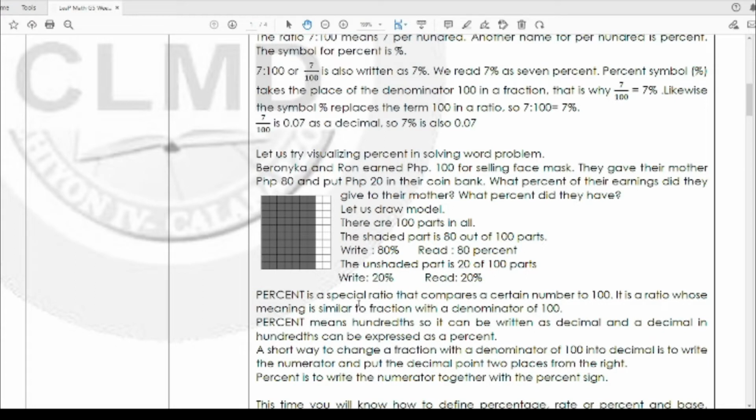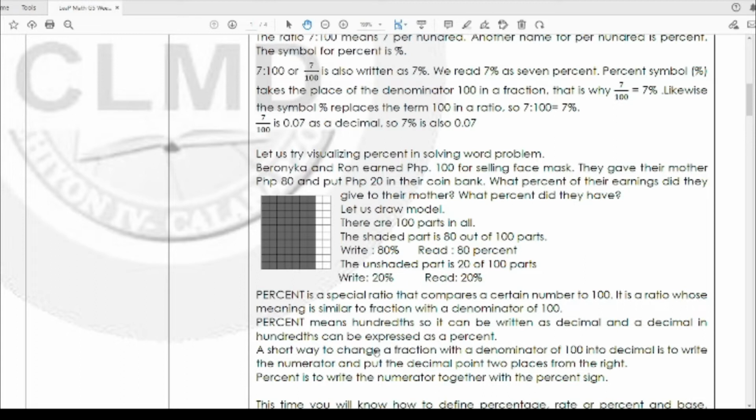Percent is a special ratio that compares a certain number to 100. It is a ratio whose meaning is similar to a fraction with a denominator of 100. Percent means hundreds, so it can be written as a decimal, and a decimal in hundreds can be expressed as a percent.